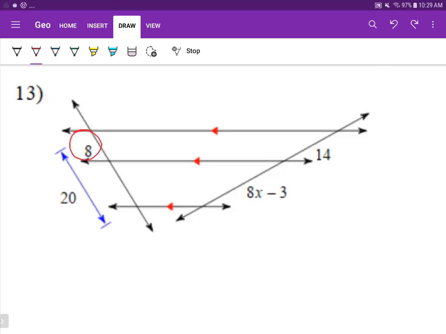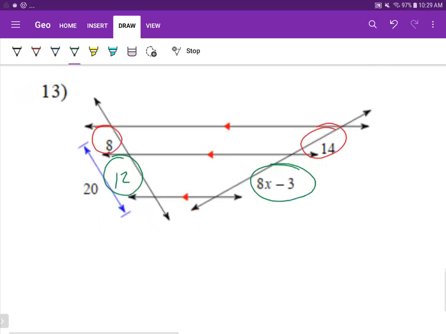You do this one divided by this, that's going to be 12. And then you have this one divided by this one. So that's how you set this one up. 8 and 14, and then 12 and 8x minus 3.